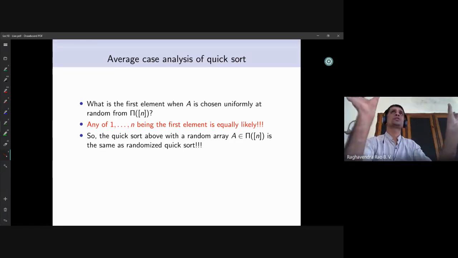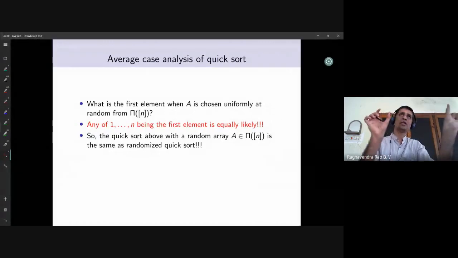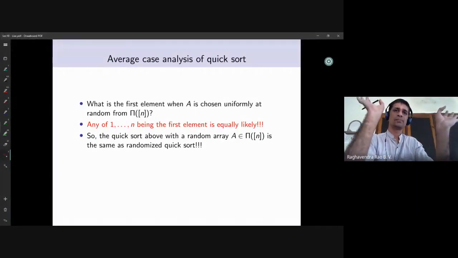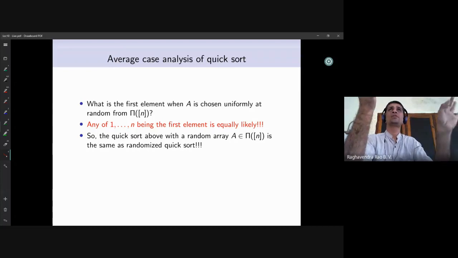The distribution is the same. They're similarly distributed. If somebody looks at these two random variables, they are indistinguishable. So behaviorally, both are essentially the same, though both are saying different things.